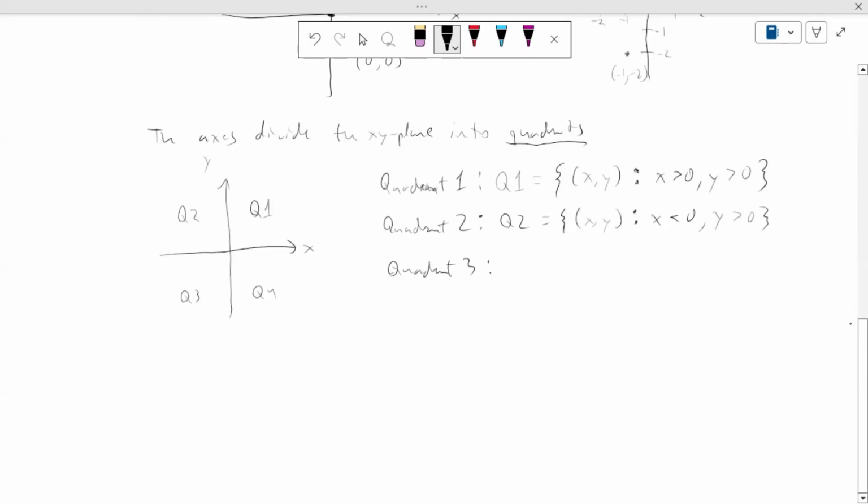Still points x and y, but now you're to the left of the y-axis, so your x-coordinate is negative, but you're also below the x-axis, so y is negative as well. And then quadrant 4.